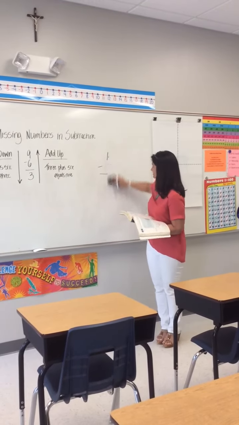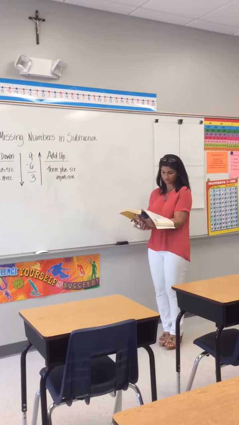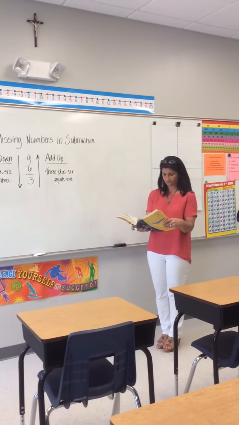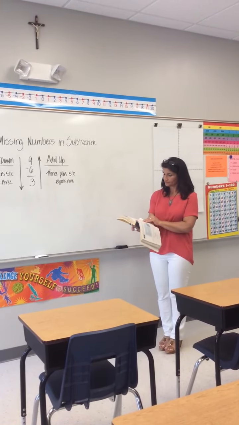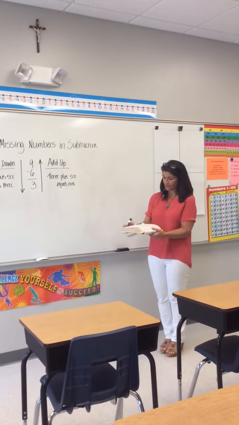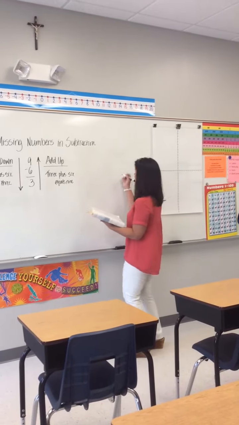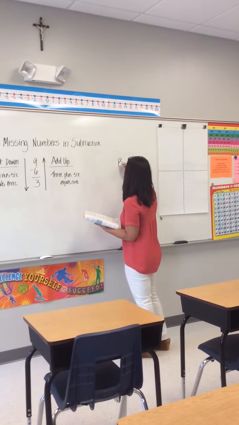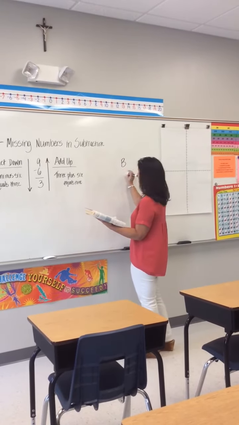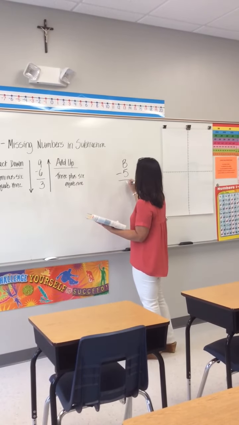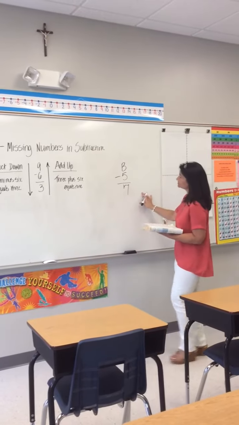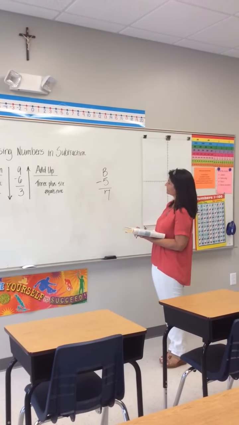Okay, let's do another example. Say we have B minus 5 equals 7. B is our missing number, and notice it's at the top. Here's a subtraction problem with a missing number.